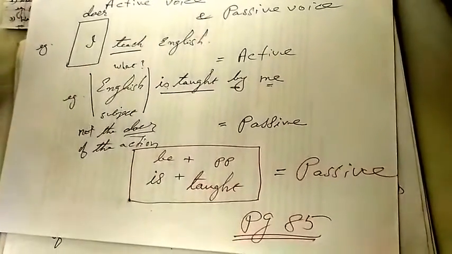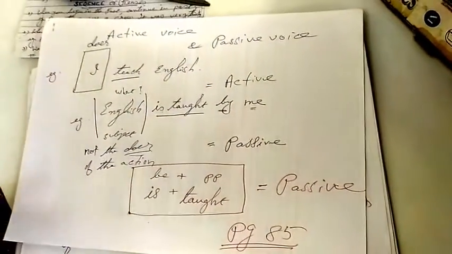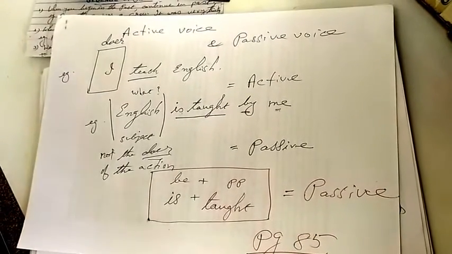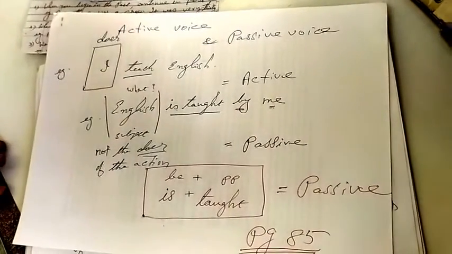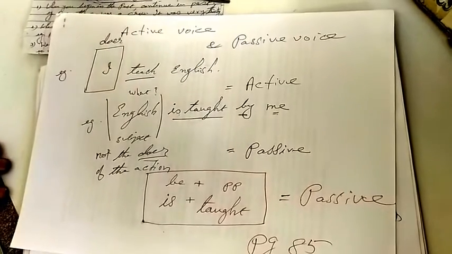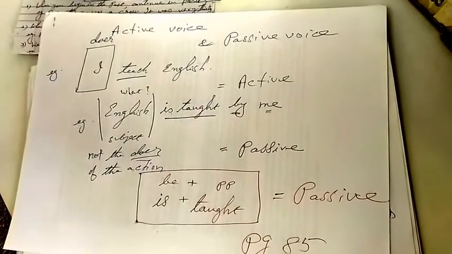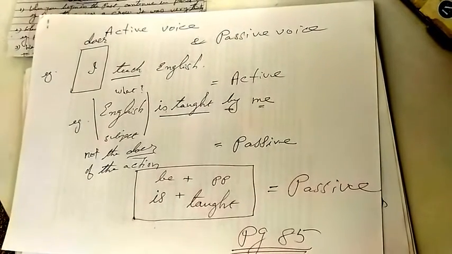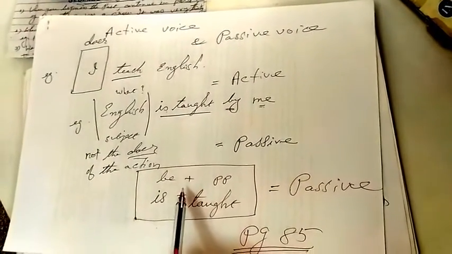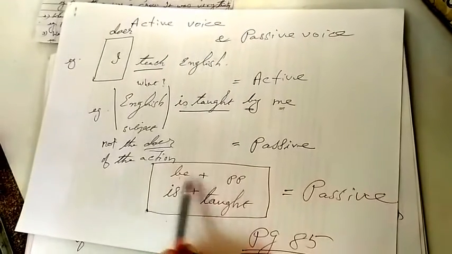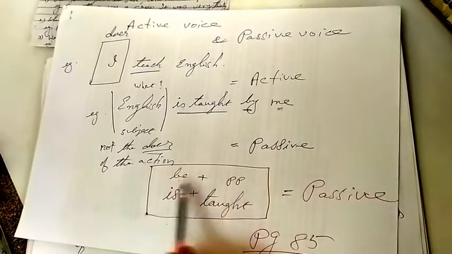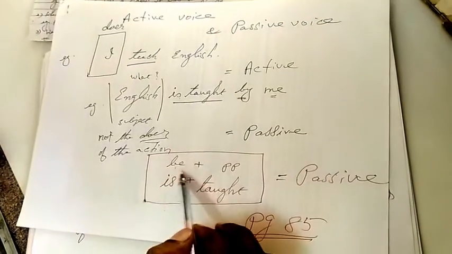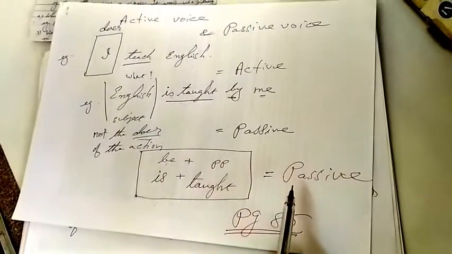And is it in active voice or passive voice? For transitive, intransitive, you will look for object. Where there is object, it is transitive, otherwise intransitive. In the case of active and passive, you will see the verb combination. Is the combination B group and past participle? If this combination is there, it is passive voice. If that is not there, it is active voice.